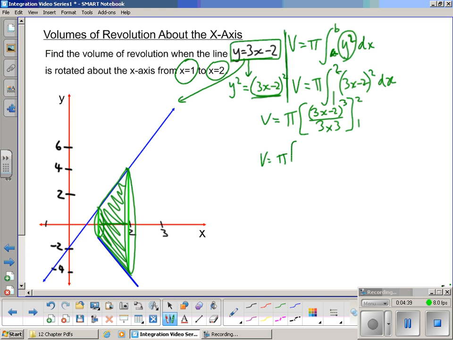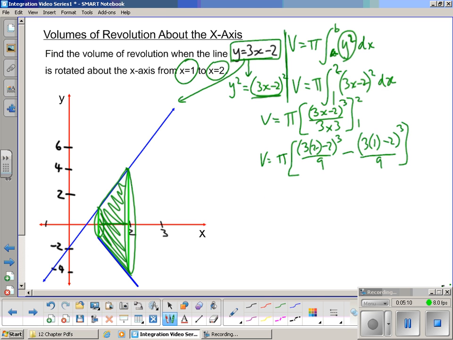So when 2 goes in wherever there's an x, I'll do it slowly, we get 3 times 2 minus 2 cubed over 9. And we can also put a big minus, and 3 times 1 minus 2 cubed over 9.